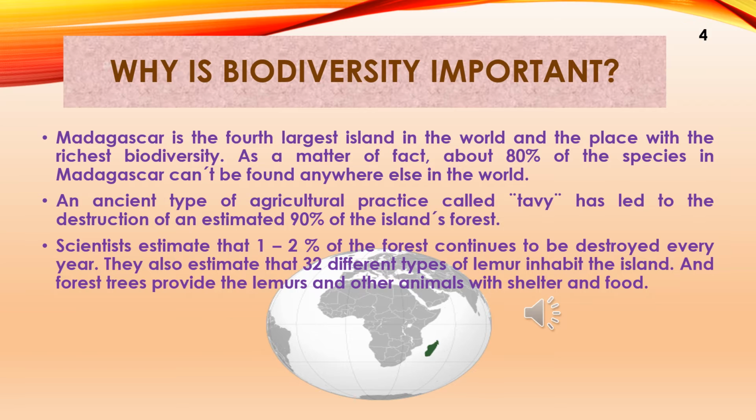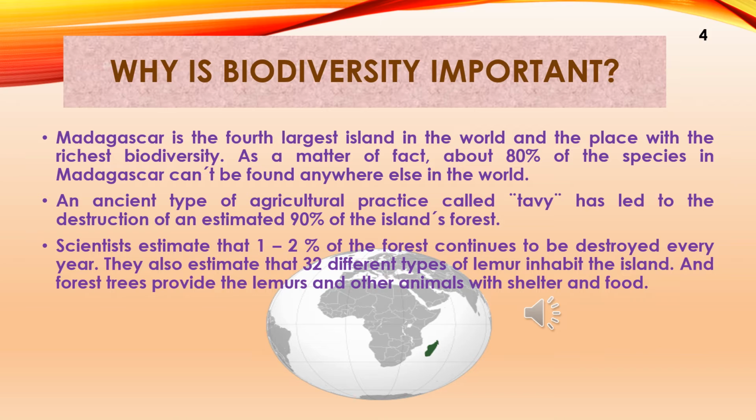Now we are going to talk about a place. Look at the map that you have at the bottom of your page. The green country that you have right there is Madagascar. Today we are going to talk about Madagascar biodiversity.